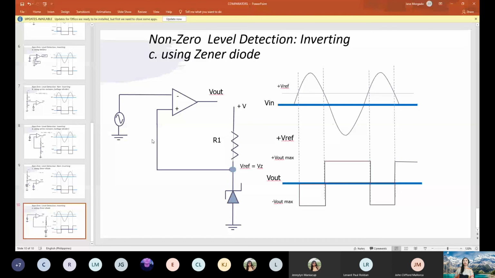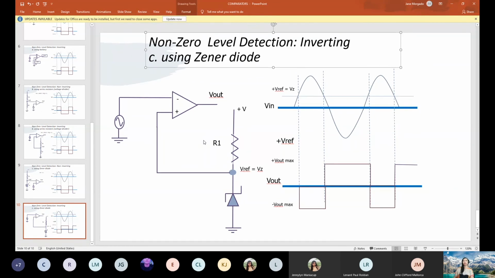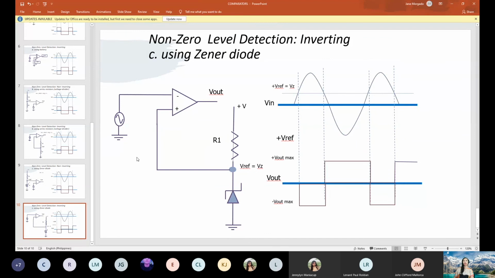Again, we have the Zener diode connected in reverse bias, such that your Vref is equal to Vz.